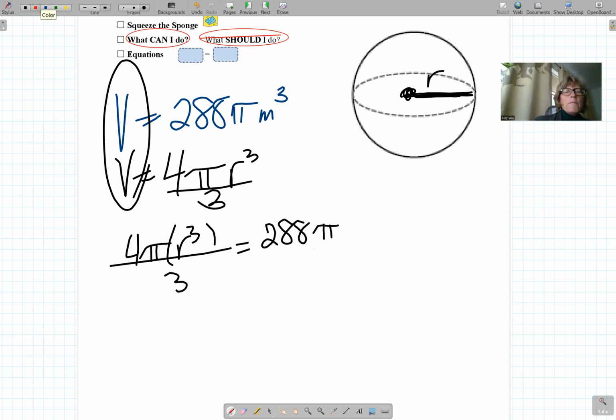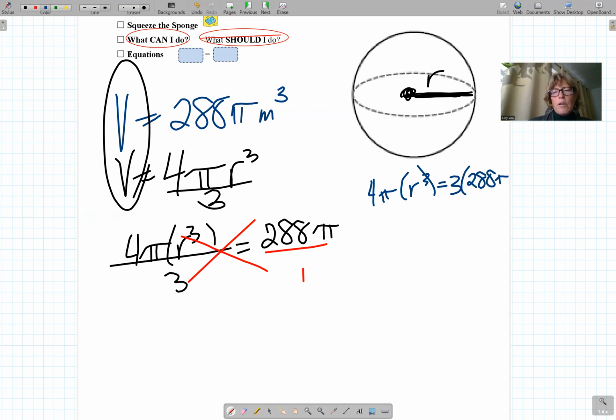Pop this over 1. We're going to cross multiply. Coming over here, I have 4 pi r cubed equals 3 times 288 pi.